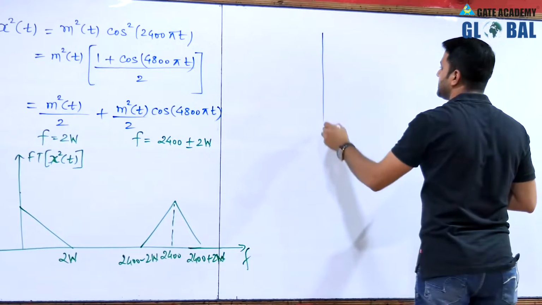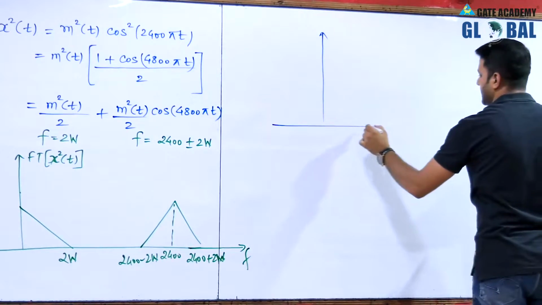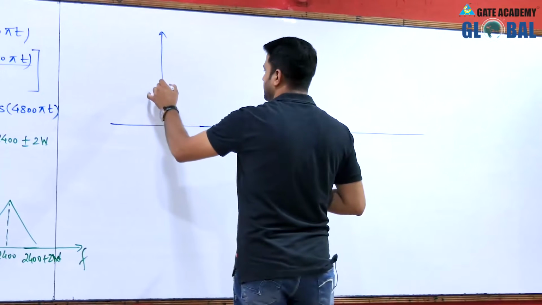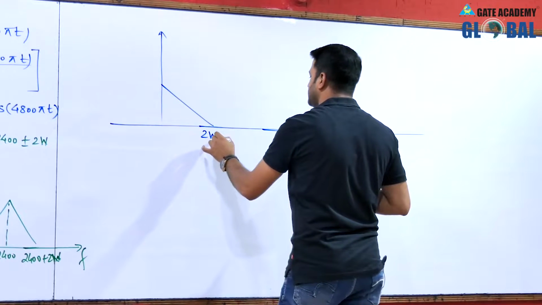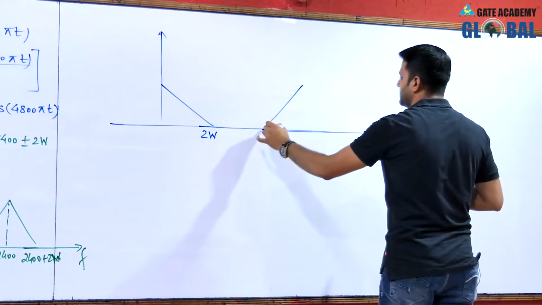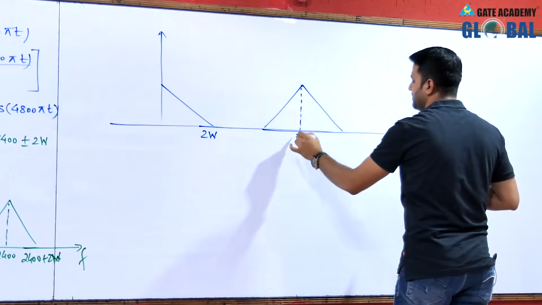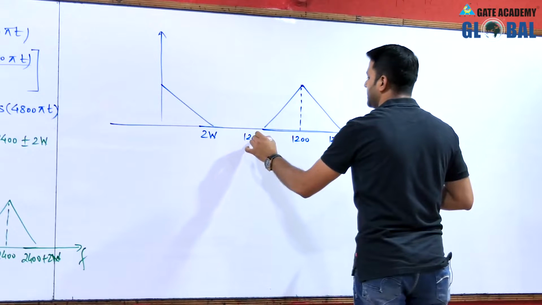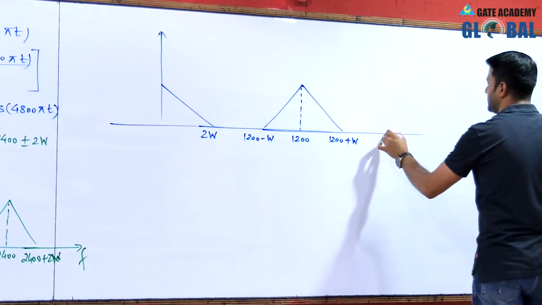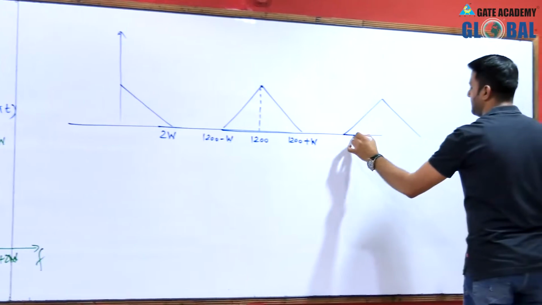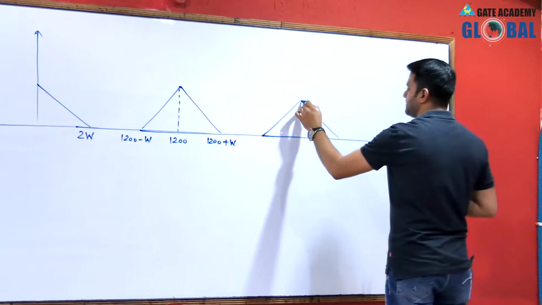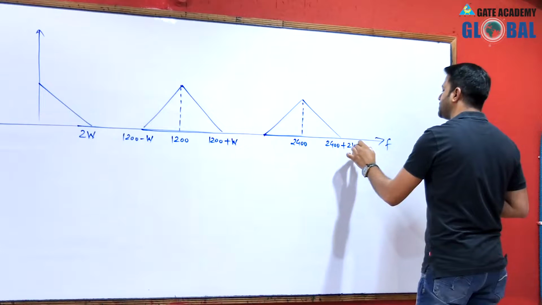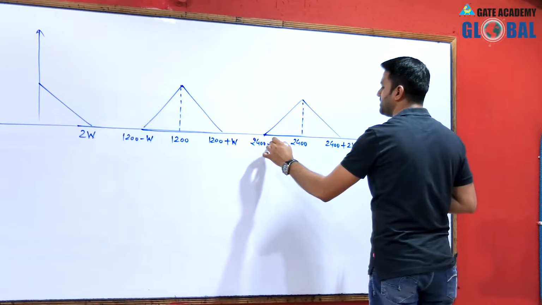If we add this, we get this term 2W, we get this term which is 1200 and 1200 plus W and 1200 minus W, and we have another term 2400 plus 2W and 2400 minus 2W.